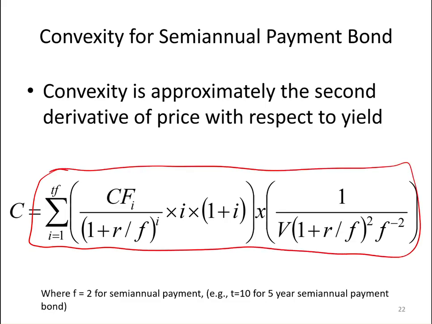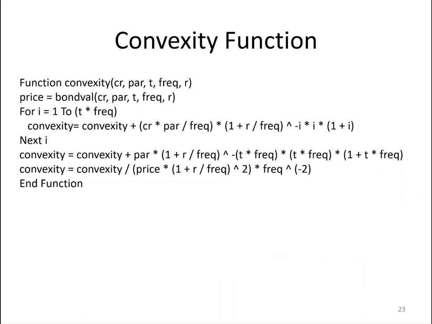I won't get into it, but it's easy to find the derivation of this formula on the web. And luckily, I've written a function for you called convexity, where you put in a bond's coupon, par, maturity, frequency, and discount rate, and it estimates a value of convexity for you, and then you can use that convexity to make a price adjustment based on the curvature of the bond.